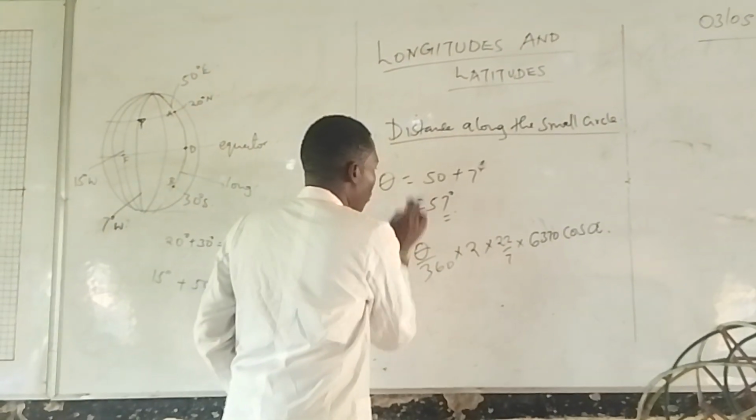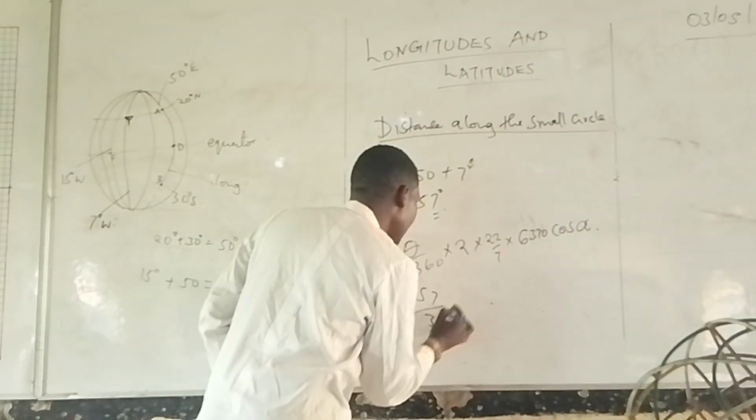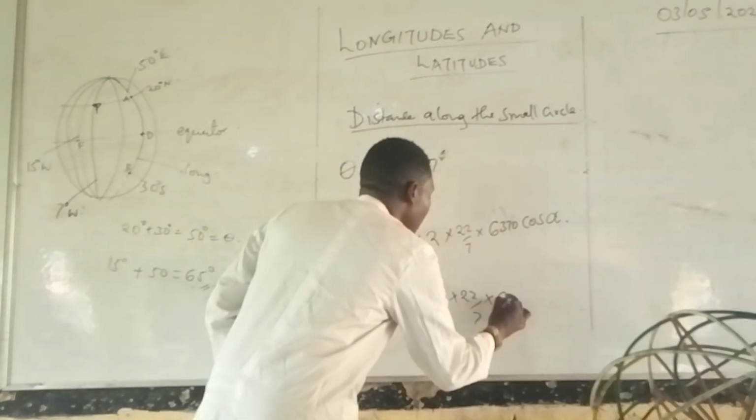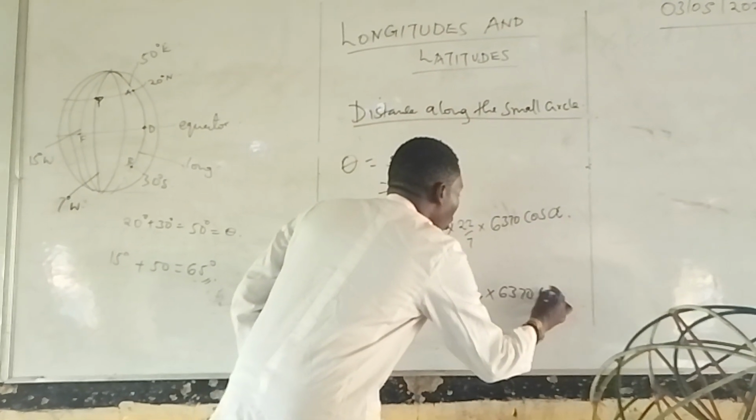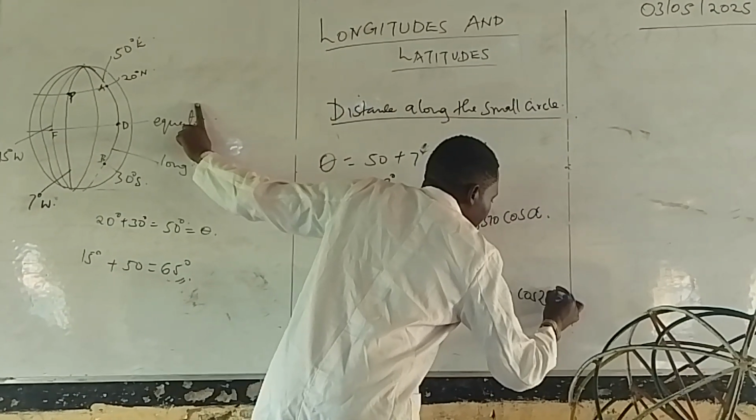So any cos here is the cos of what? Latitude. Therefore, if I was calculating the distance along this, it's going to be 57 over 360 times 2 times 22 over 7 times 6370 cos 20. The latitude there is 20 degrees.